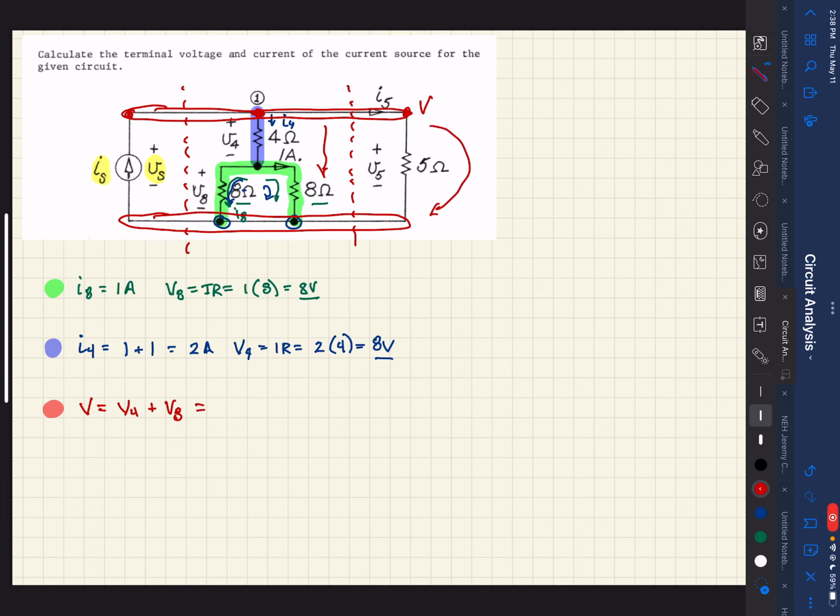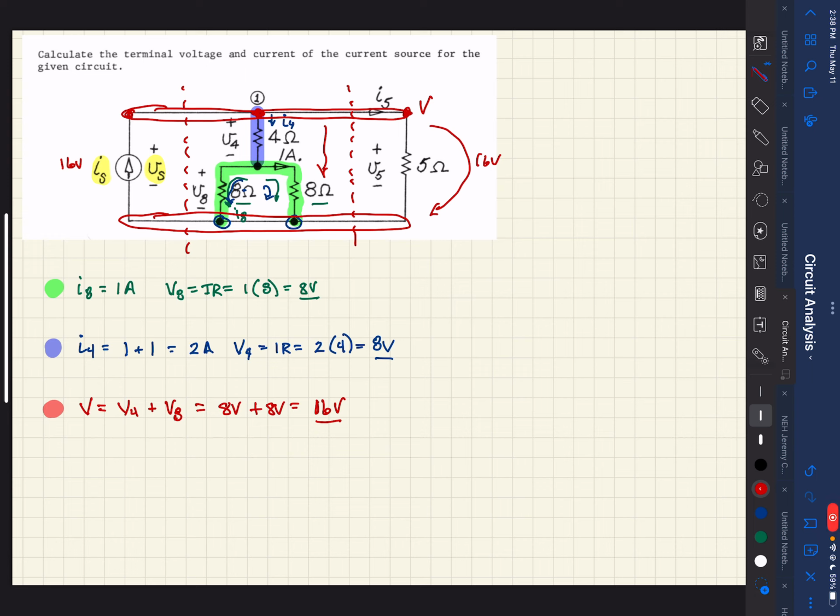We know V4 is 8 volts and V8 is 8 volts, so that gives us 16 volts. Being that we have 16 volts across the center, we should have 16 volts across here as well, and 16 volts across here. They all have to be equal because those three branches are in parallel.